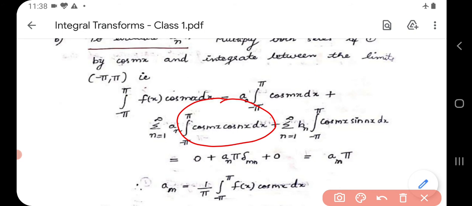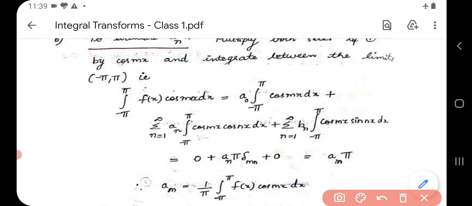You are assuming delta mn as 1, and that will occur only when m is equal to n. So instead of an, you must write am pi, because delta mn is 1 only when n is equal to m.